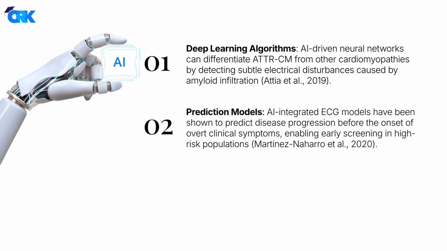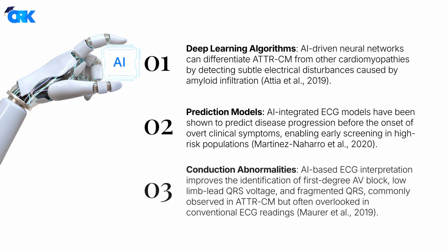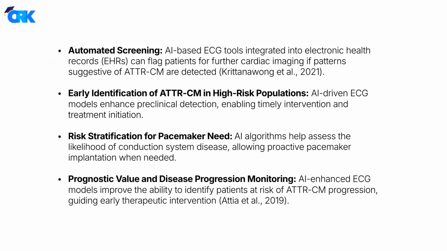Second, prediction models can flag high-risk individuals even before clinical symptoms begin, enabling proactive screening and timely diagnosis. Third, AI improves the recognition of low QRS voltage, fragmented QRS complexes, and first-degree AV block, findings commonly missed by conventional readings. So what are the clinical applications of this technology?